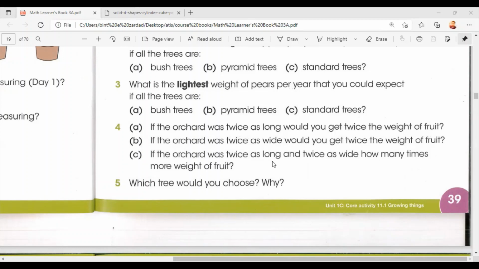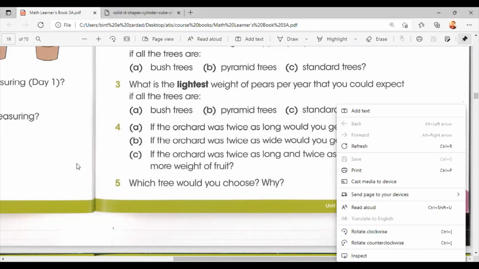If the orchard was twice as long and twice as wide, how many times more weight is coming? Okay, part C, question number 4.